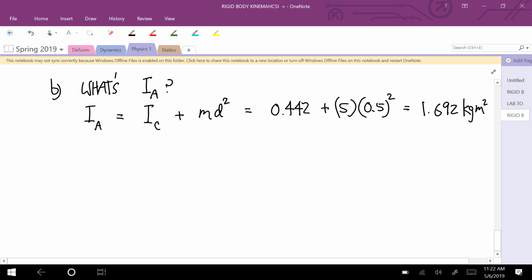Okay, and now what's the velocity vector of the point A at t equals 5 seconds? Okay, so to find the velocity vector, we're going to have to use circular motion. The magnitude is going to be equal to the angular velocity times r.